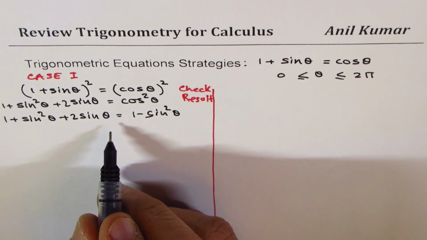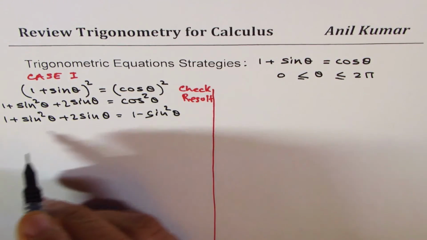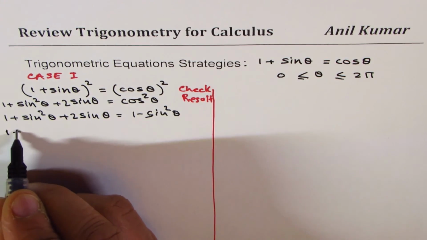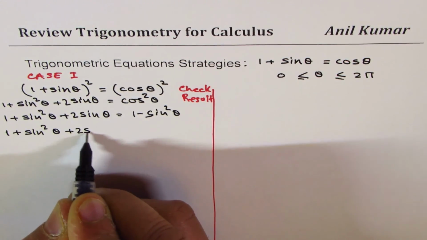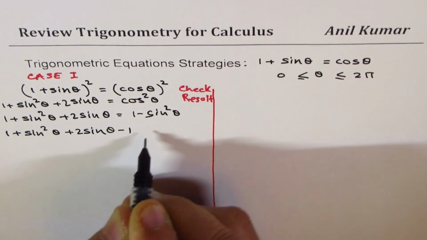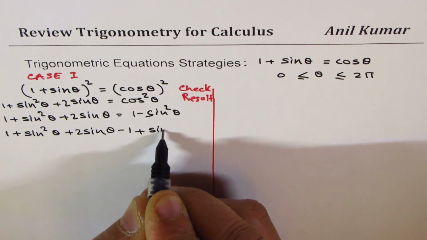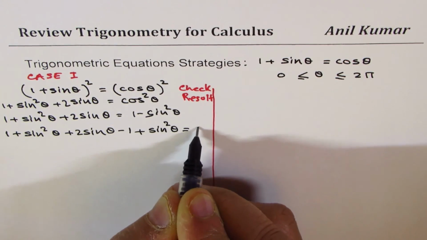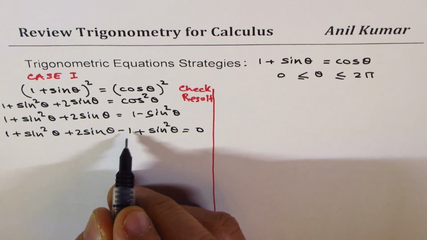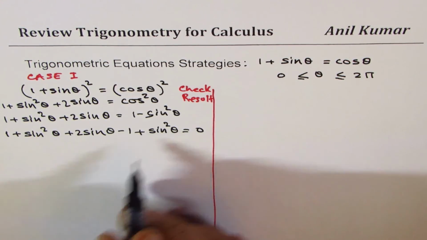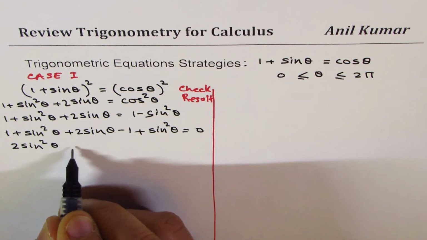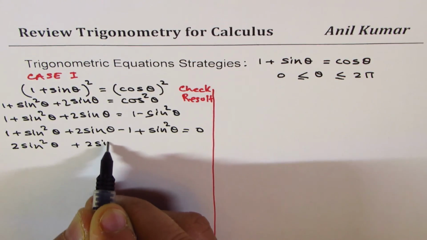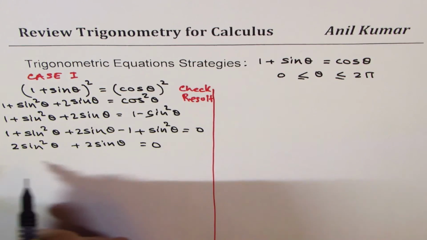Now we have a quadratic equation in sine, bringing all the terms together: 1 plus sine square theta plus 2 sine theta minus 1 plus sine square theta equals 0. 1 and 1 cancel. Sine square theta plus sine square theta is 2 sine square theta, and here we have 2 sine theta equals 0.